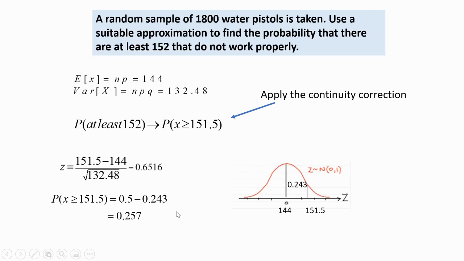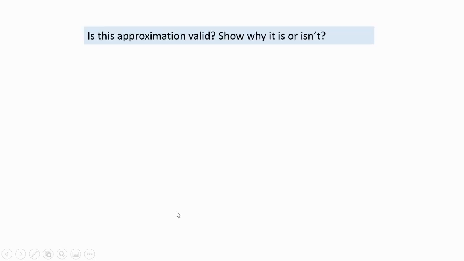Now, the next question, which I think is quite valid, is if they ask us if this approximation is valid. You can always perform the approximation. You can do np and npq and get your variance easily.